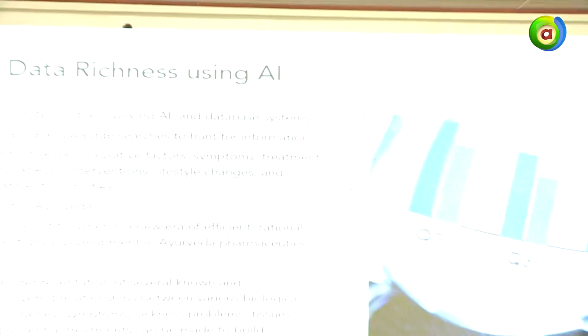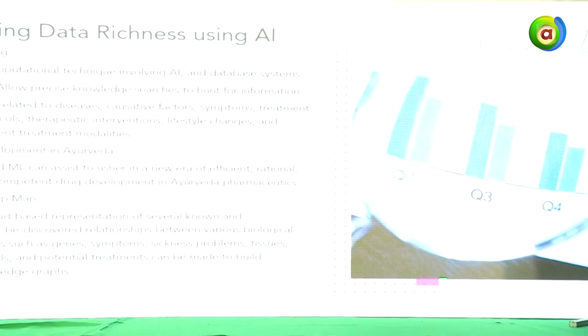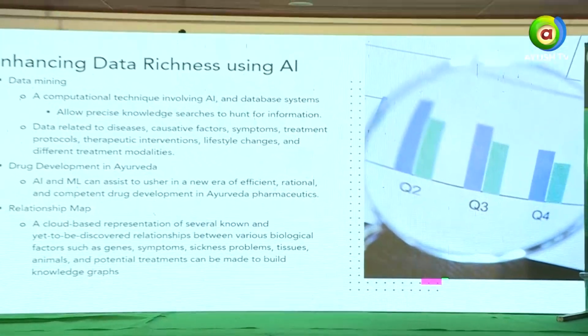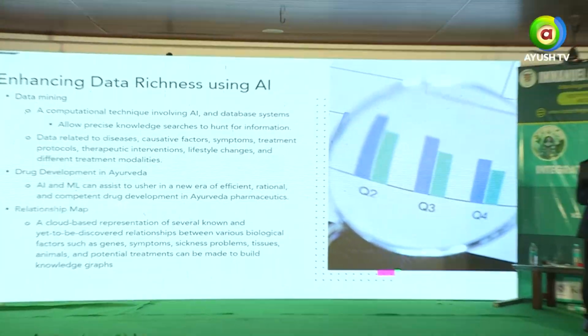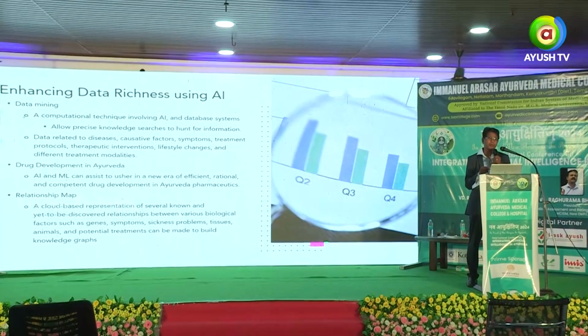For example, to the AI you can feed all this information: all the medicinal plants and medicinal information, the medicines, and the patient-related information, diseases, what causes the disease, and the symptoms for each of those diseases, and then what treatment protocol you follow for them.